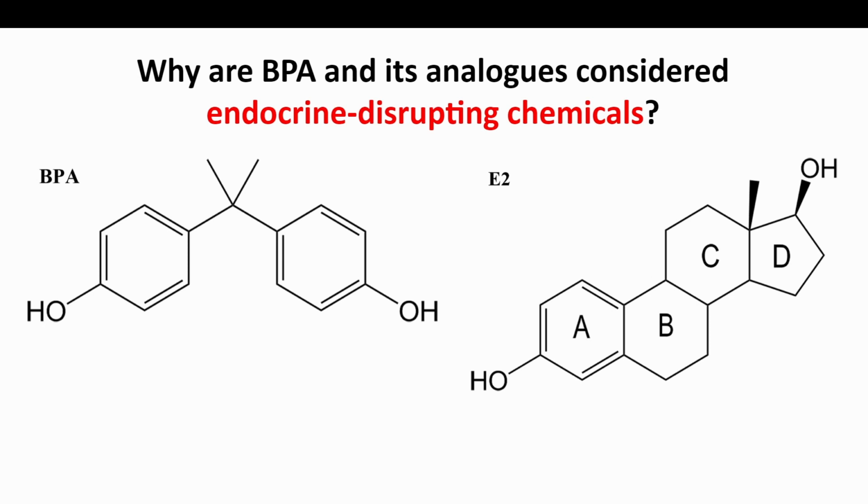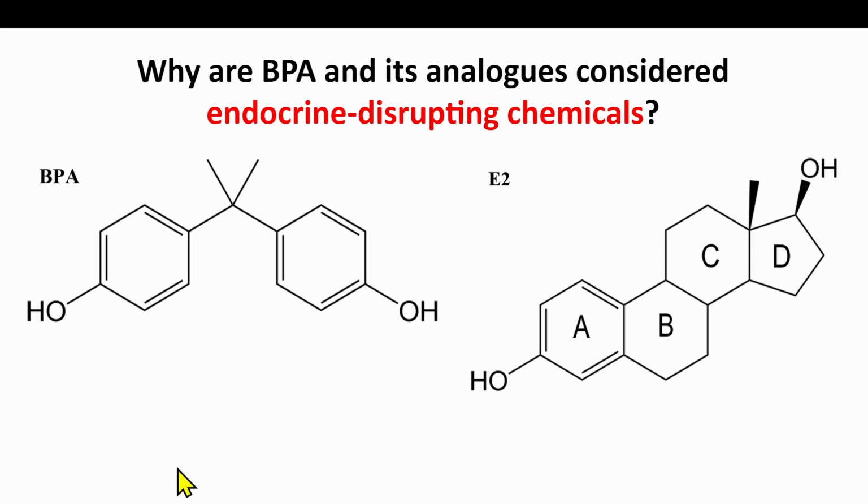Let's take a closer look at their structure. On the left is bisphenol A, on the right is estradiol, which is the main estrogen released in women. If we take a closer look at the structure, students should be able to recognize that both molecules have 2 hydroxyl groups, 2 in BPA and 2 hydroxyl groups in estradiol.